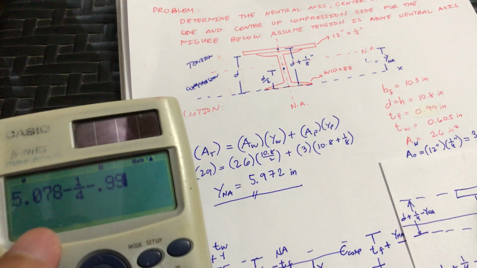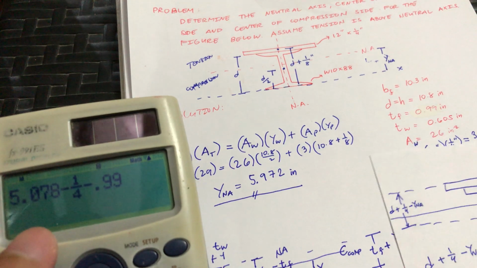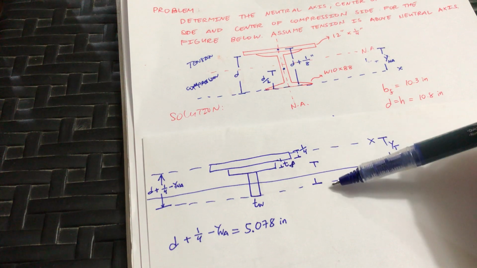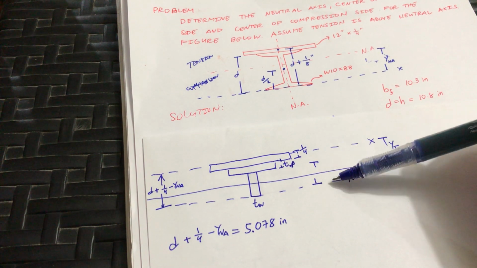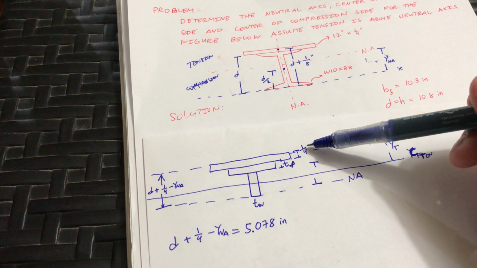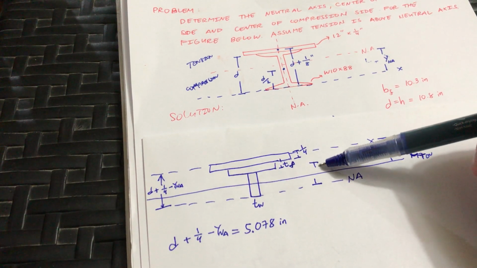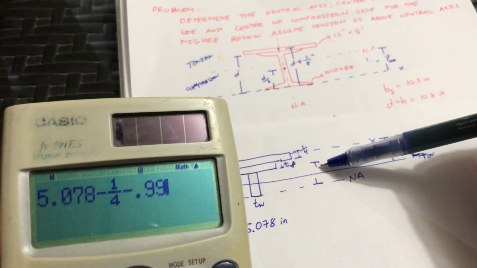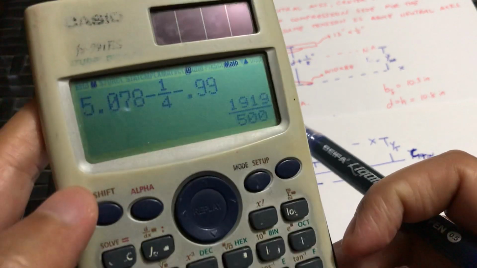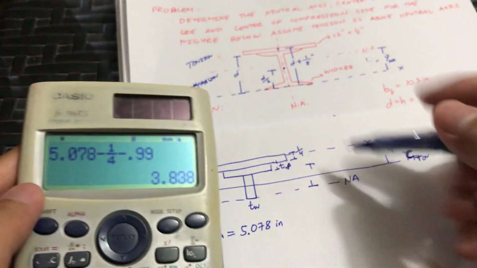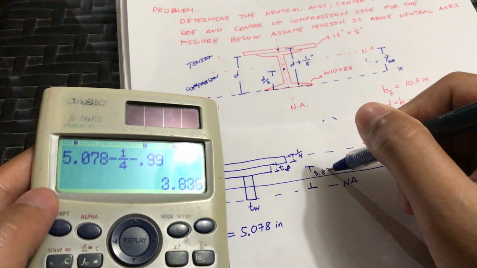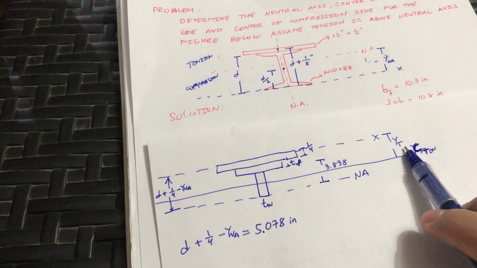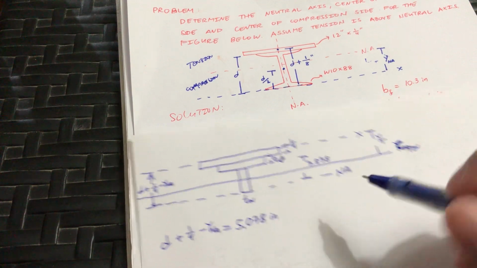I believe 0.99 is TF. So I repeat, the total height of the tension side is 5.078. You subtract 1/4 and TF, you will obtain this side. So that is 5.078 minus 1/4 minus 0.99. We'll get 3.838.